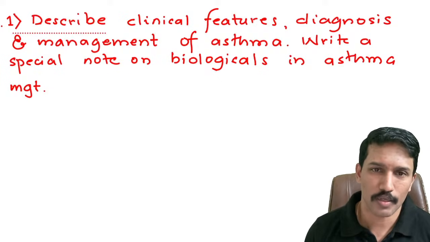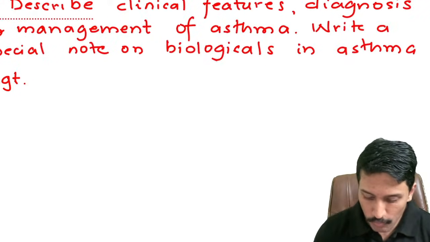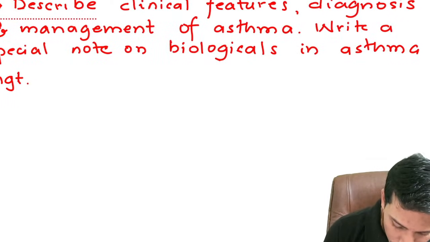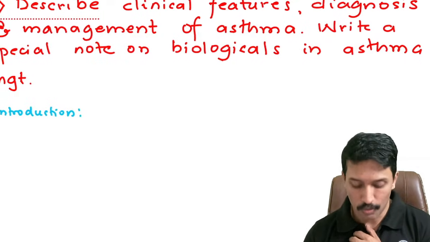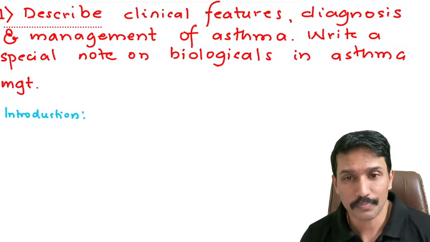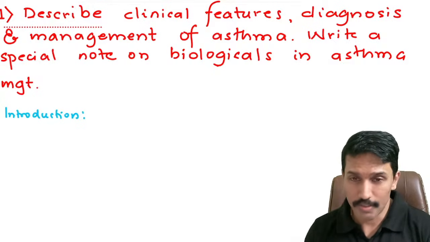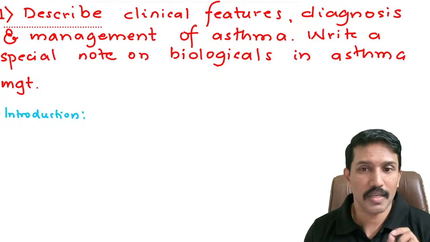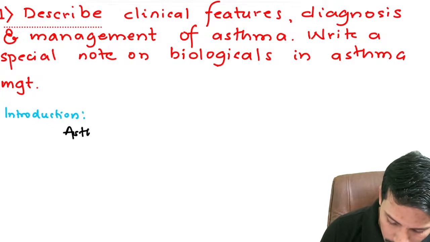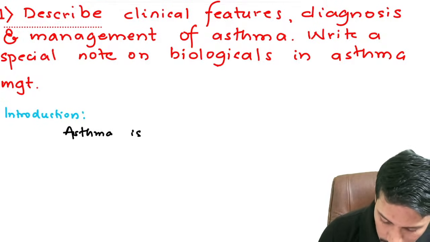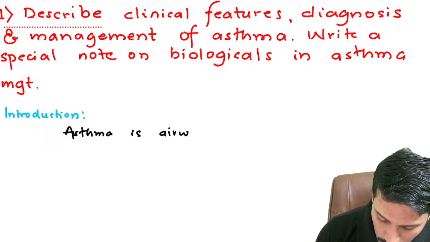Describe clinical features, diagnosis and management of asthma. So as I've already told you, it's better to begin every question with an introduction. So what should be the introduction for asthma? The first point that I want you to cover in the introduction is that asthma is an airway disorder characterized by reversible obstruction.